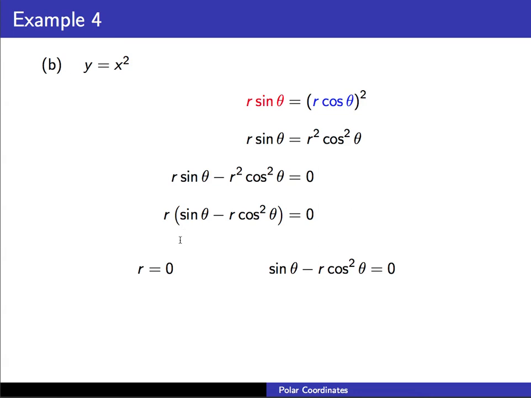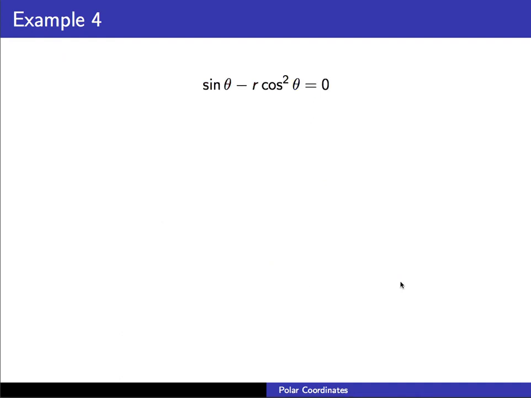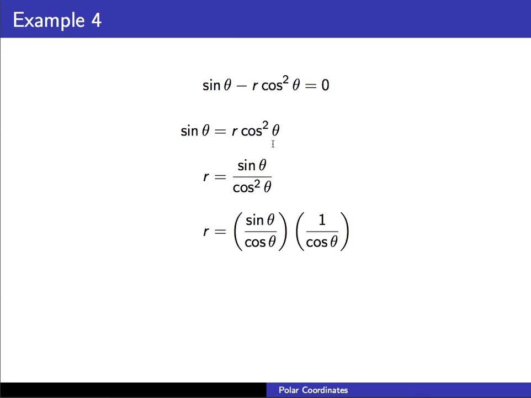We can then set each one equal to 0. We can ignore the r equals 0, and we have sine theta minus r cosine squared theta equals 0. So working with that, if we add r cosine squared theta to both sides, we could have subtracted the sine theta and then divided by -1, but to avoid all those steps, just bringing over the r cosine squared theta. And then divide both sides by cosine squared theta.